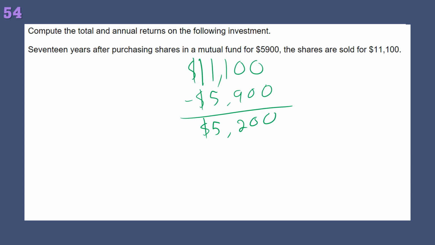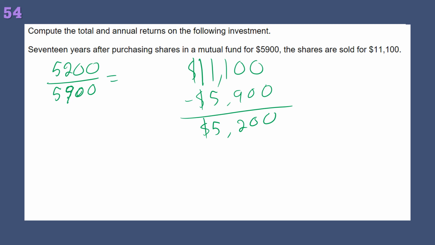So there's a little more math to do, but what you need to recognize is that that's not the total return. That's the total return in dollars. If we want the total return in percent, we'd say 5,200 divided by the original investment, and that would give us their return on investment.